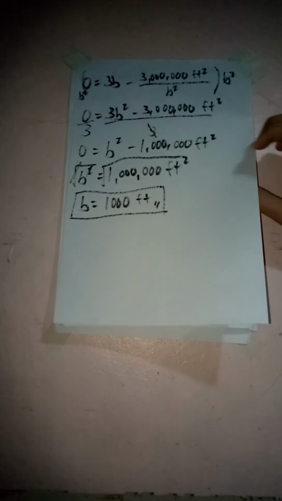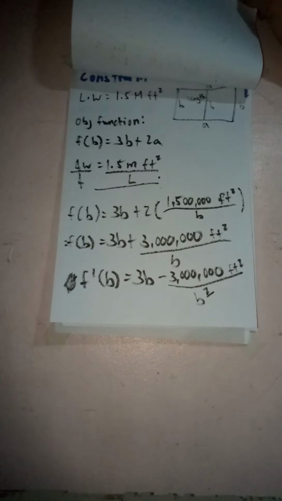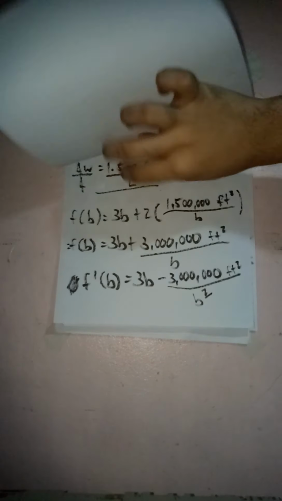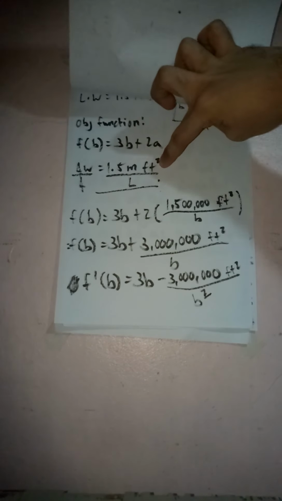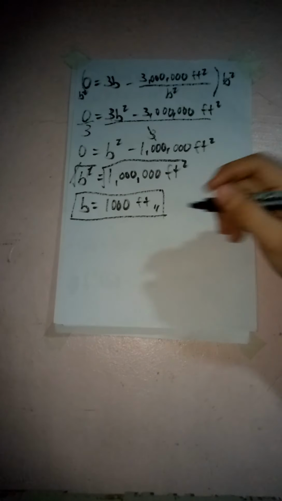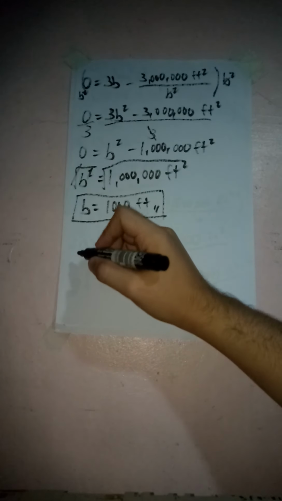So next we are going to find our width. So if you remember a while ago, we made the derived formula from the constraint, which is, where is it? This. We can use this to get the width. So let's rewrite it again.